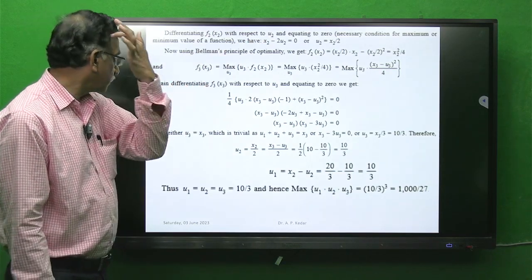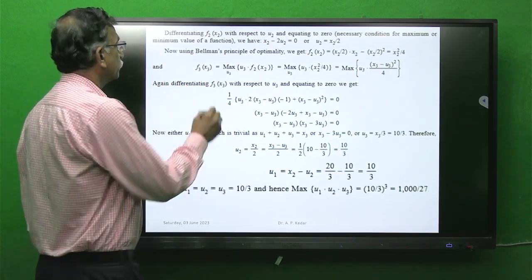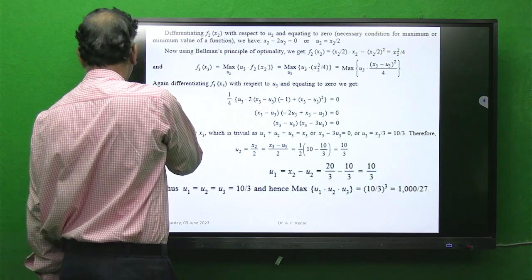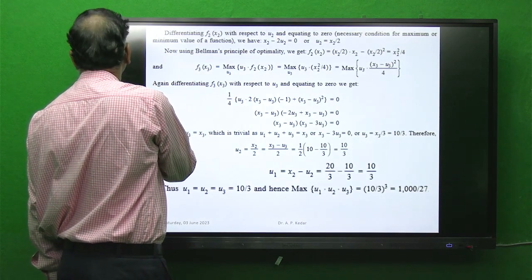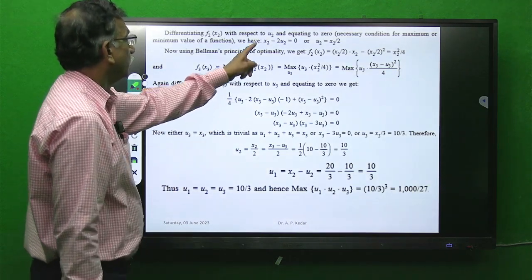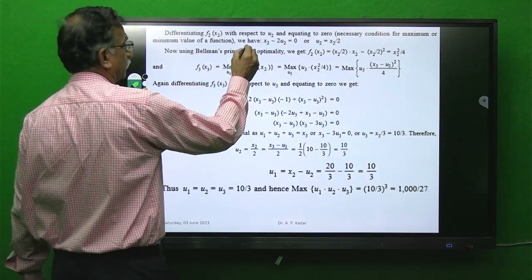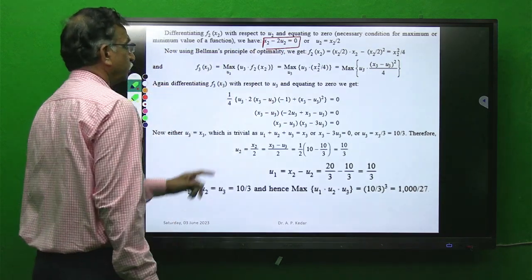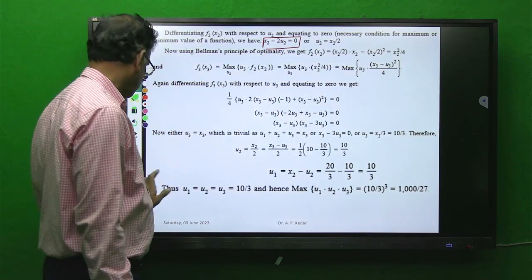So that step I have written here. If we differentiate with respect to u2, that will give us an answer like this: x2 minus twice u2.